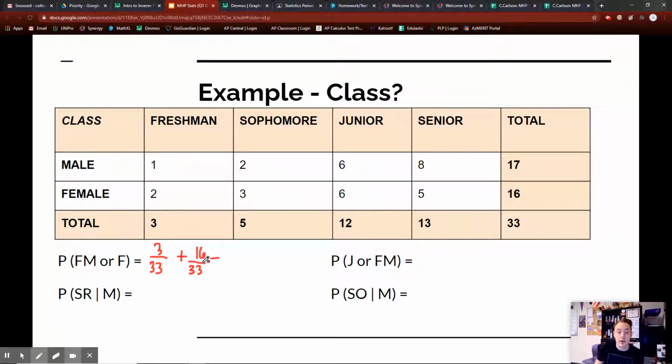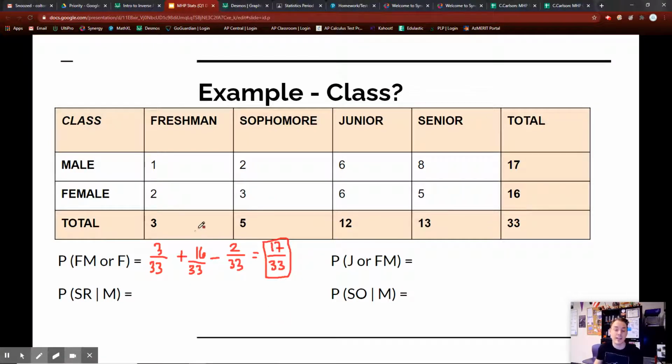We need to subtract the overlap, freshman and female, which is this 2 out of 33. There's 2 freshmen that are female, right? So I need to subtract that out. So total, I have 19 minus 2, which is 17 out of 33. So the probability of selecting a freshman or a female is 17 out of 33.